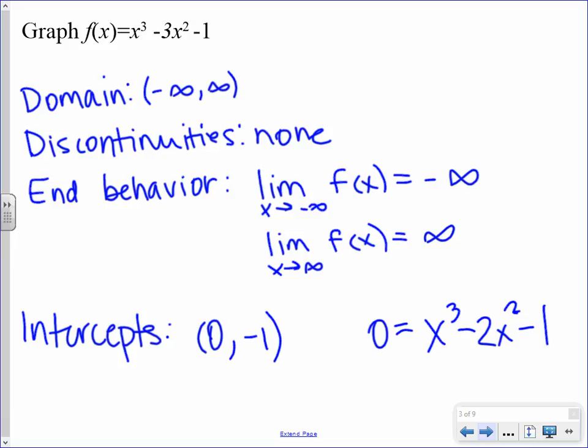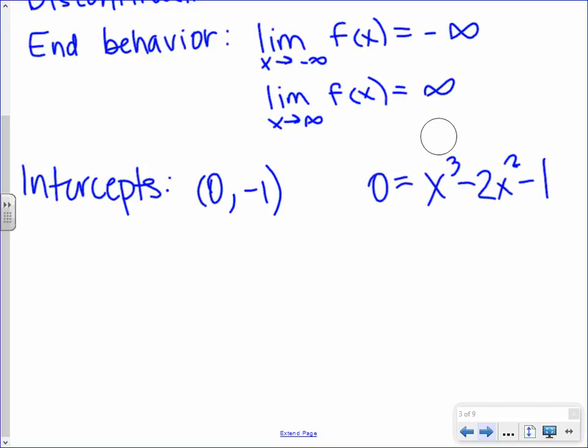I believe in your homework you will be able to find x-intercepts. Okay? You'll see why here in a little bit. I don't want to make you do the leading coefficient test. You remember that with the synthetic division and finding all the zeros? We could go through and do that. So, for now we'll just settle, okay, we're not going to find these x-intercepts, but if it was factorable, we would find it, okay? Or if it was a quadratic, we would use the quadratic formula, okay?